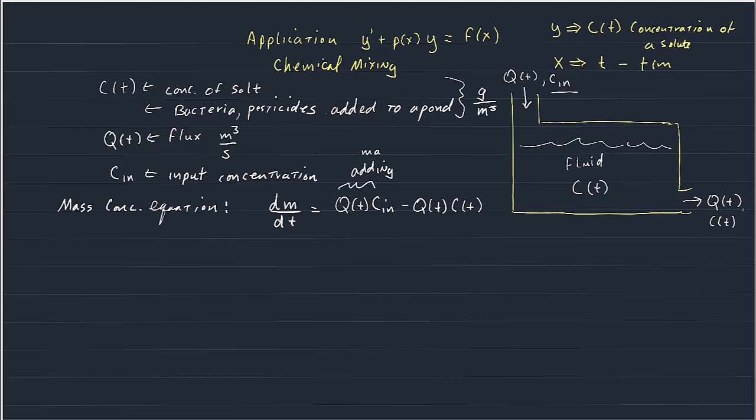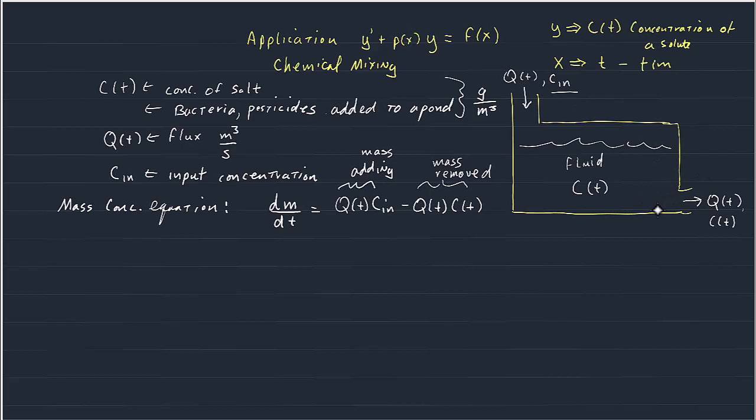So we're adding mass through the top of our system here, and we're removing mass out the other side. This is our stream flowing out of our pond.